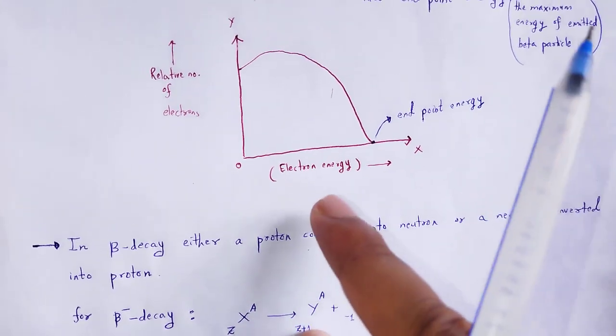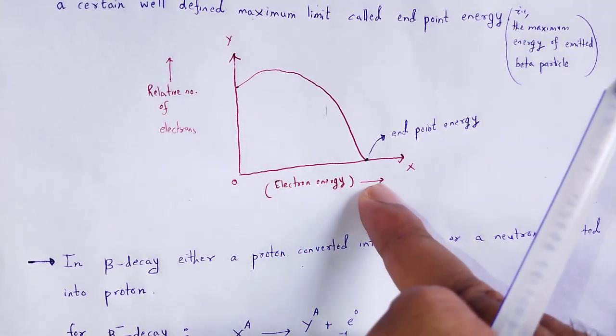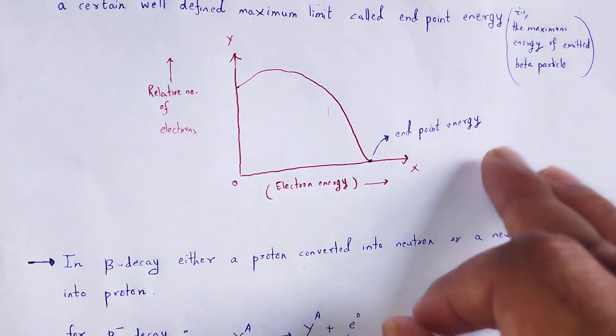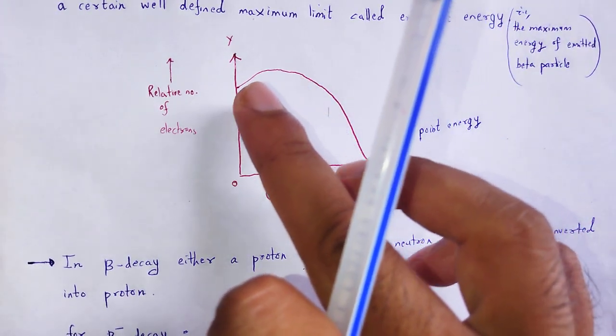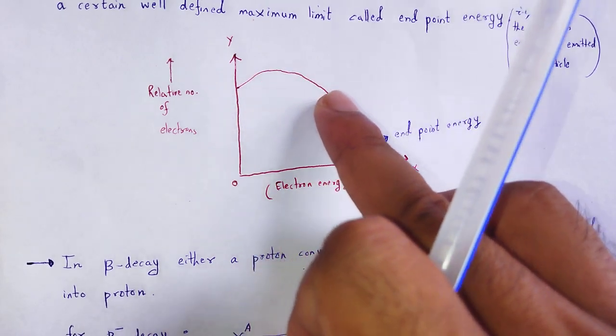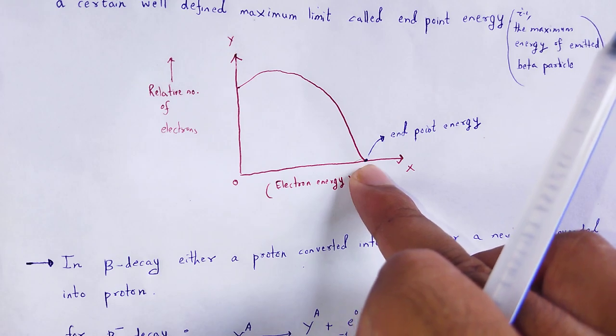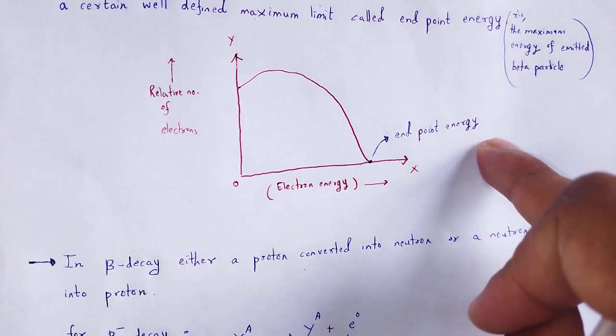But when we plot the graph between electron energy and the relative number of electrons, we see the beta spectrum, which is continuous rather than a particular or discrete value, which is the endpoint energy.